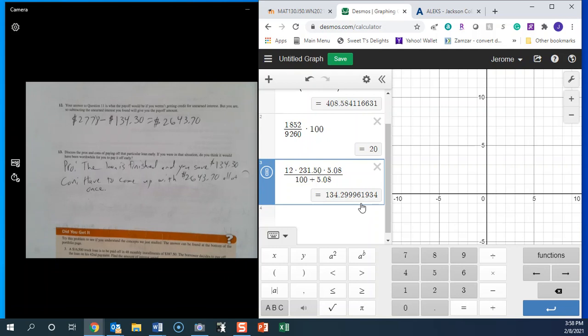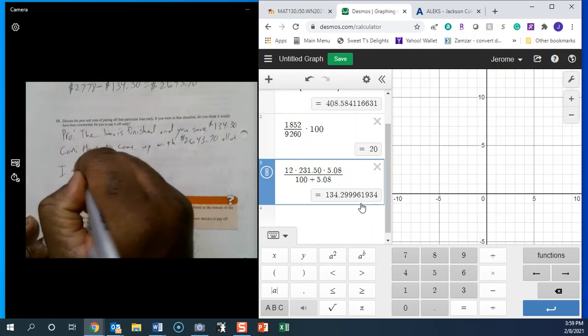That's a lot of money to have to come up with all at once versus the $231.50 per month. Okay, now they asked the question: if you were in that situation, do you think it would have been worthwhile for you to pay it off?